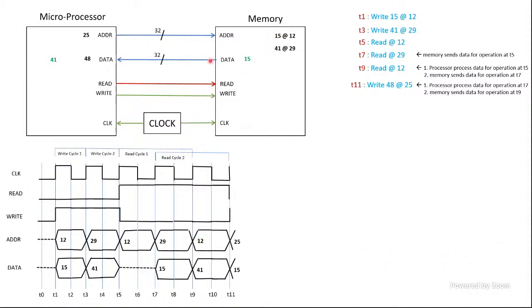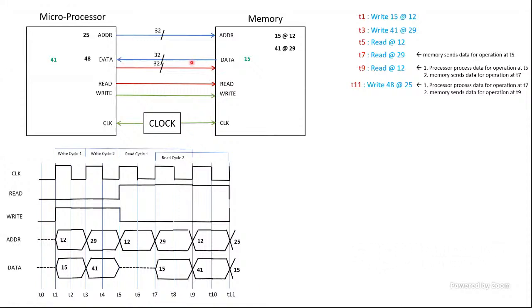That 15 is being sent over the data line, and the microprocessor is wishing to send an instruction at the same time: write 48 at 25. To do that, we simply set the read signal to low, write signal to high, address to 25, data to 48.